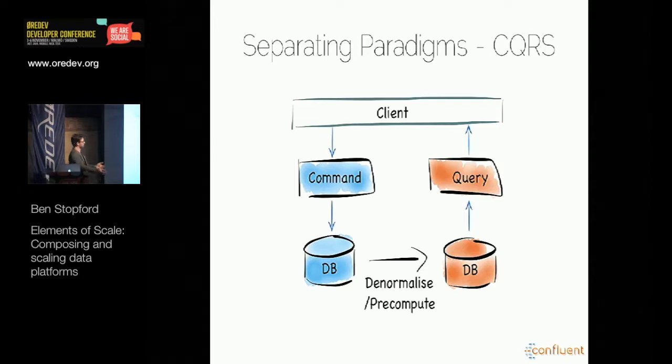Then we'd have a process that would denormalize it into a read-optimized form. In a relational world, you might denormalize. In a non-relational world, you might do some pre-computation, or switch it to a different format like Parquet. By separating command and query, we're able to get better performance because we've isolated our consistency concerns, but we're also able to use different underlying data formats.